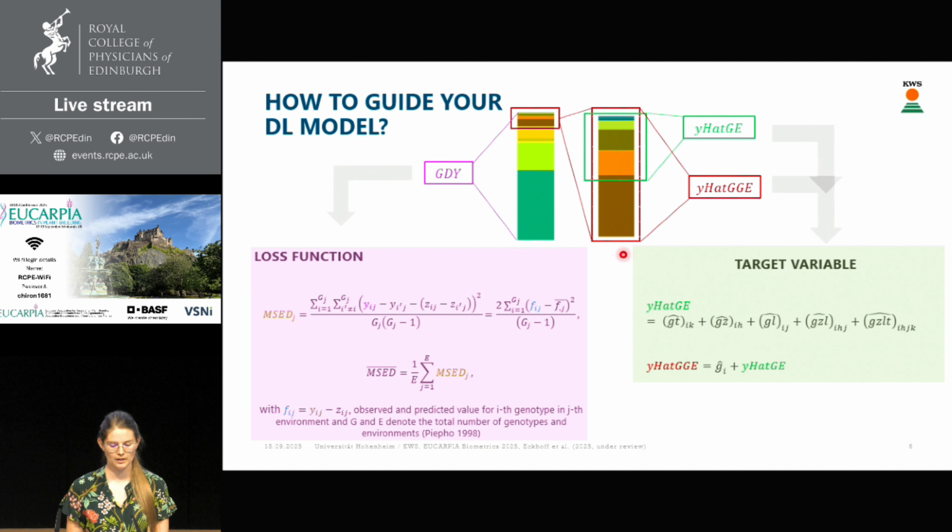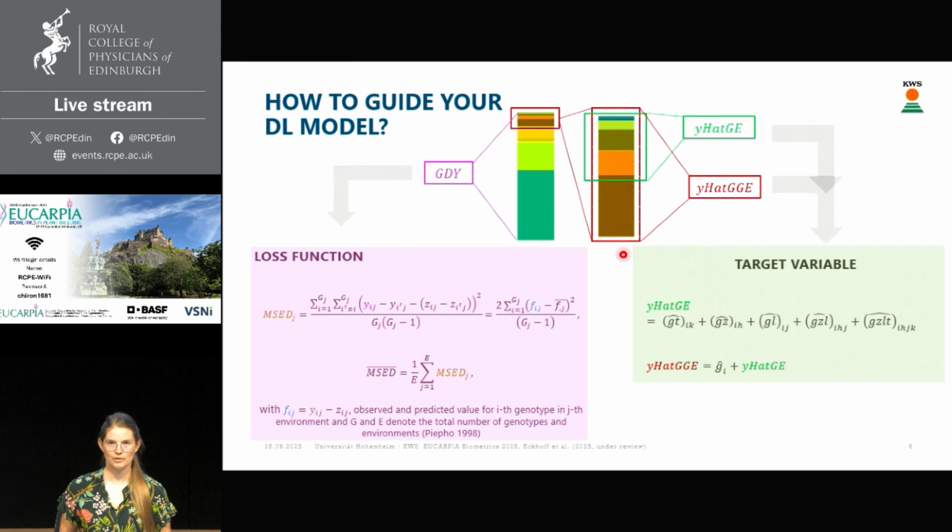Now let's have a look at the left-hand side again. This approach is trying to answer exactly the same question, but coming from a very different angle. Now we again supply yield per se as the response variable to our deep learning model. But what we're changing now is the optimization function, the optimization engine basically, of our deep learning model.